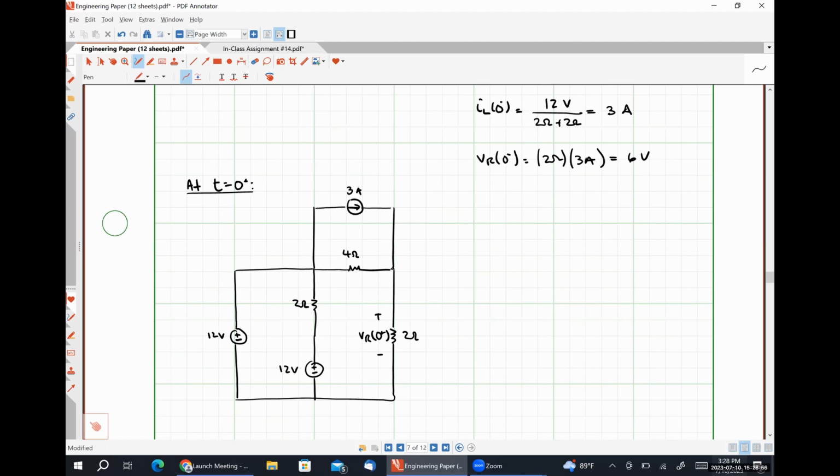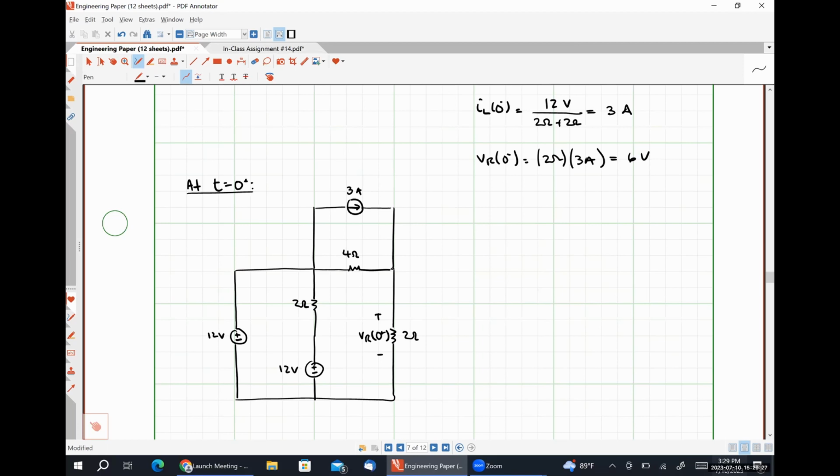So, what are you guys thinking? I see the two 12 volt sources, and so I'm thinking I need to do something with that. I want to say mesh, but I'm trying to get out of that habit too.